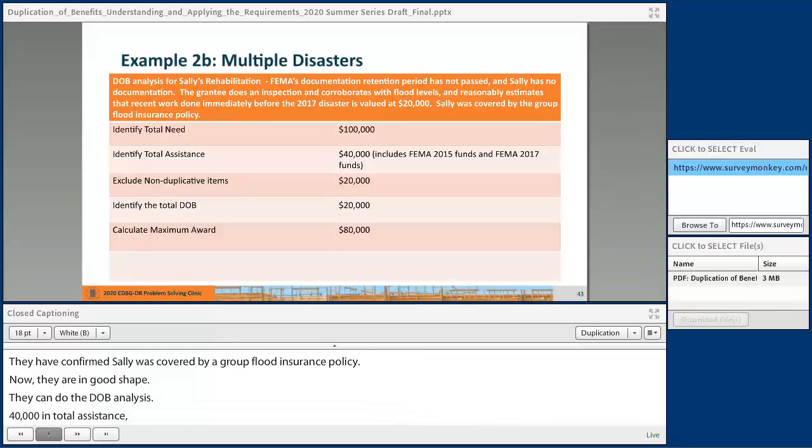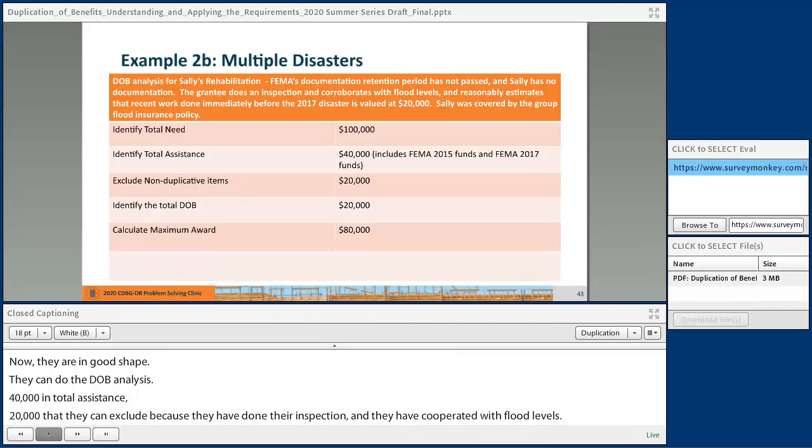Those funds were expended for an eligible purpose, even though they would otherwise be duplicative. So the duplication of benefits, or the remaining 2017 FEMA funds of $20,000 that haven't been expended for rehab, and the maximum award is $80,000.